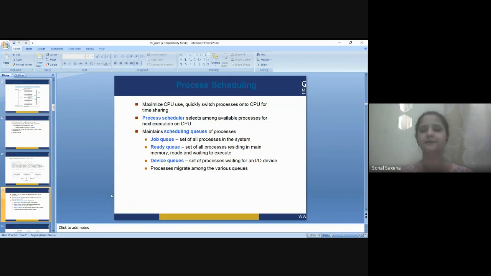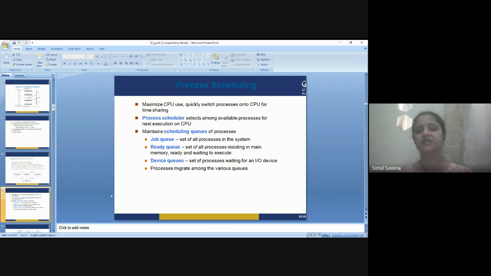Now, for scheduling all these things, the process scheduler always makes use of some queues. One of the queues is a job queue, wherein all the processes of the system reside. Then we have the ready queue.